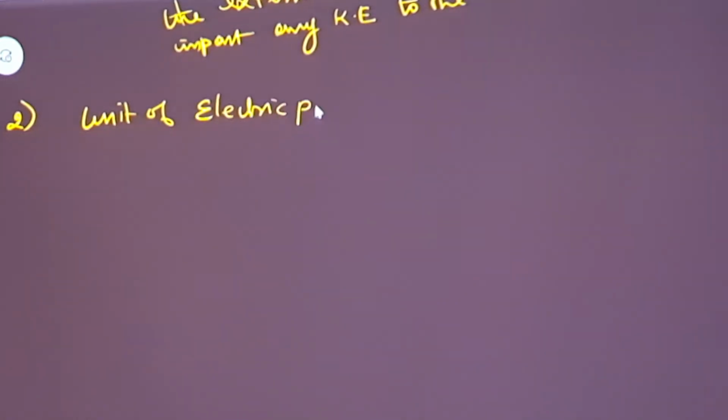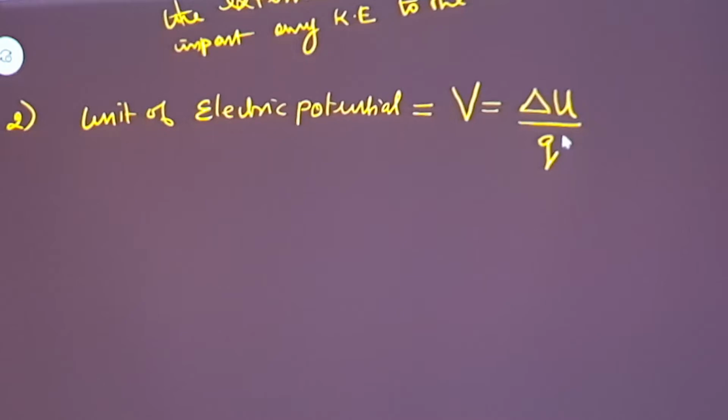The unit of electric potential, represented as V, is defined as change in potential energy per unit test charge, or per unit charge.